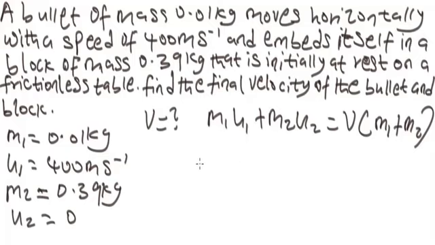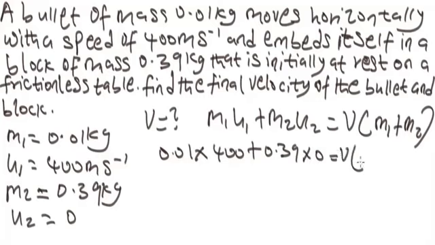Now let's input the values. We're going to have 0.01 times u1, which is 400, plus m2, which is 0.39 times 0, equals v in brackets 0.01 plus 0.39.